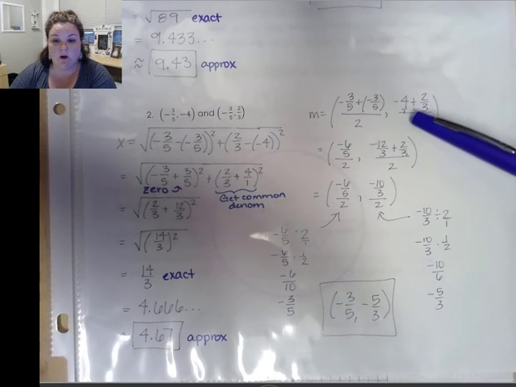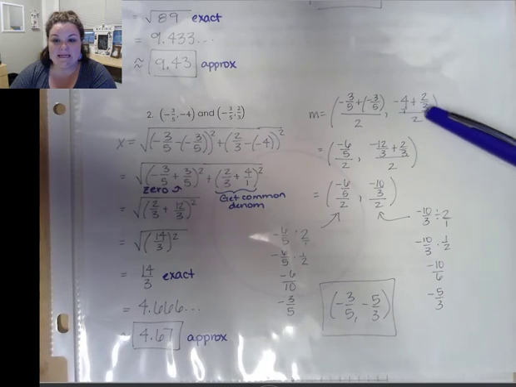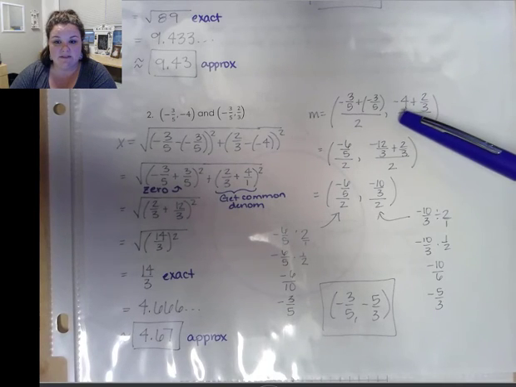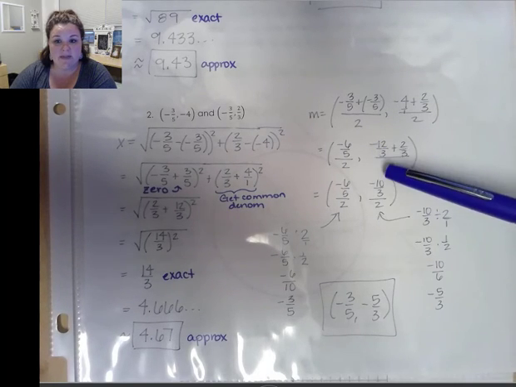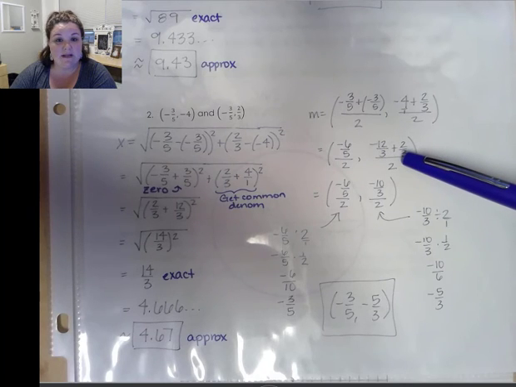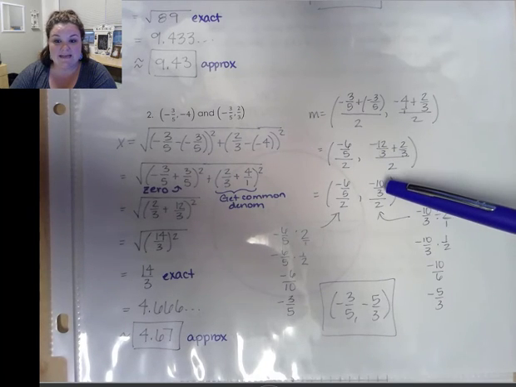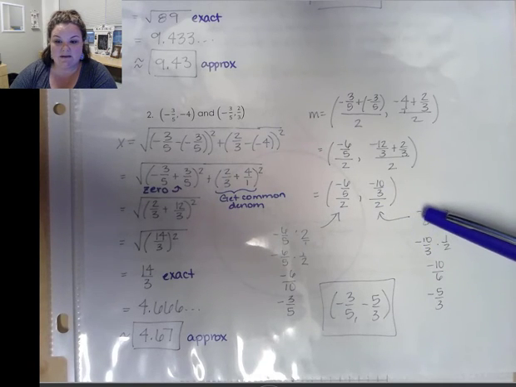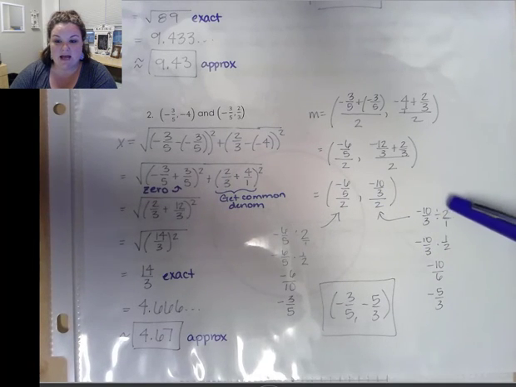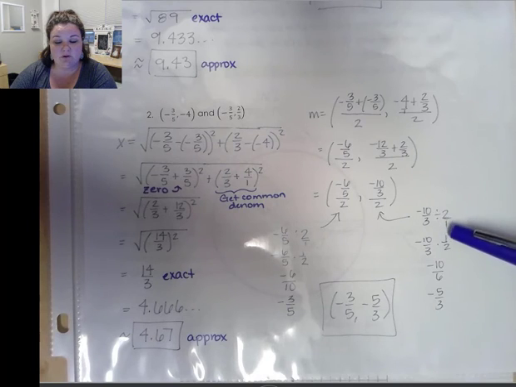Then I want to do the same thing for the y. Before I can combine these, they need a common denominator, which again would be 3. So this one needs to be multiplied on top and bottom by 3, which would give me -12/3. Now that they both have a denominator of 3, I can combine it, which gives me -10/3 divided by 2. So again, when I write it out, -10/3 divided by 2, I can flip and multiply by the reciprocal.